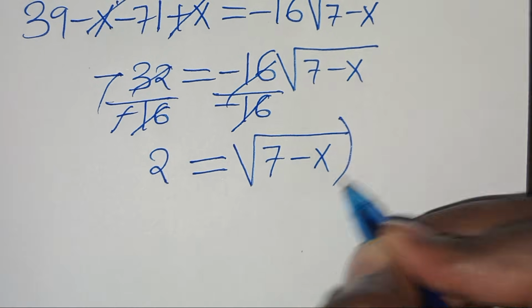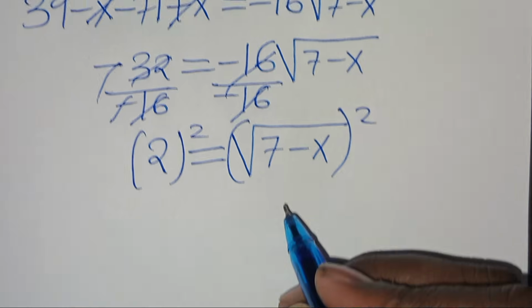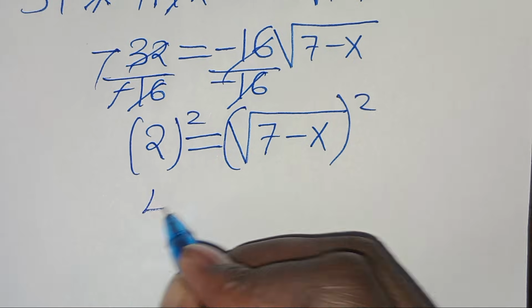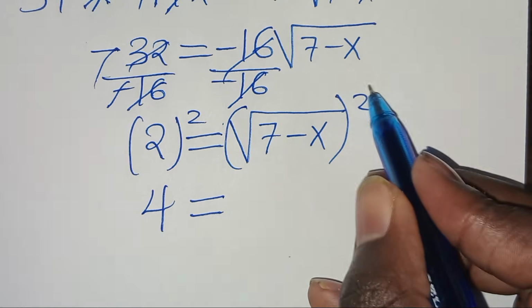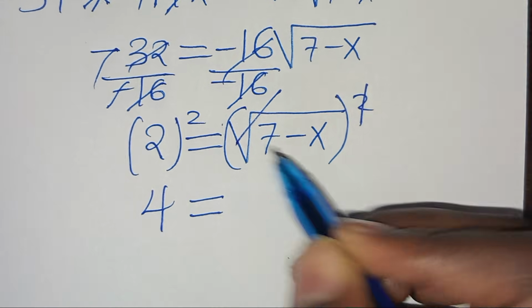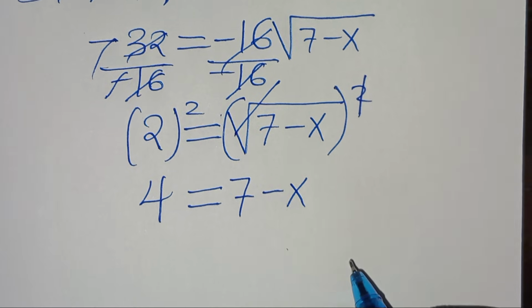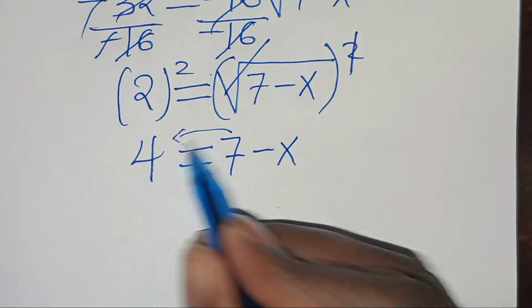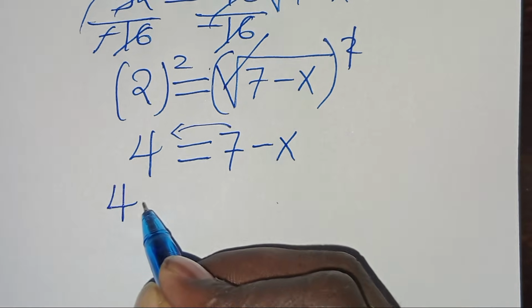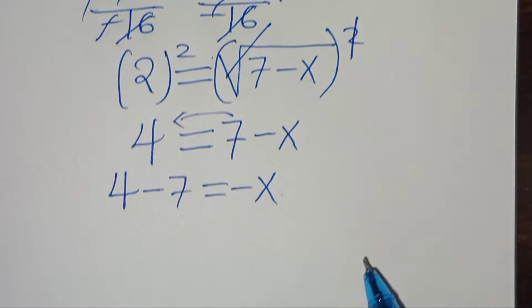So let's square both sides, so that we have 2 squared, this is 4, equal to the square root of 7 minus x to the power of 2. We eliminate the square root sign, so here we have 7 minus x. Now let's take 7 to the left hand side, so that we have 4 minus 7 equal to minus x.